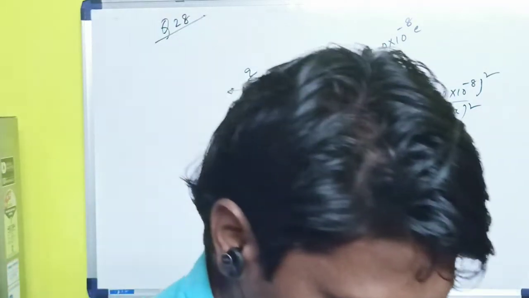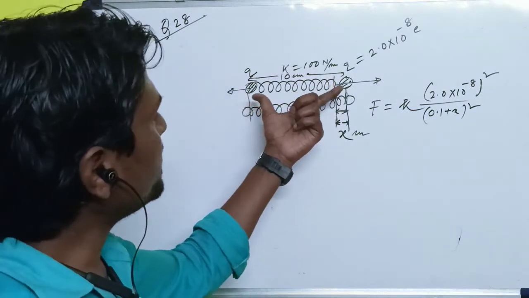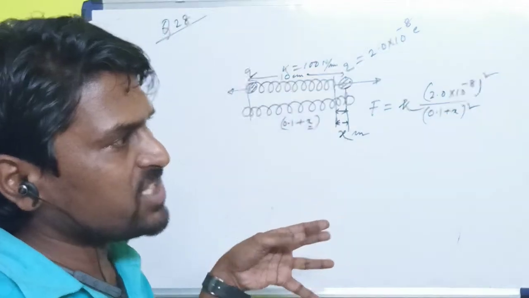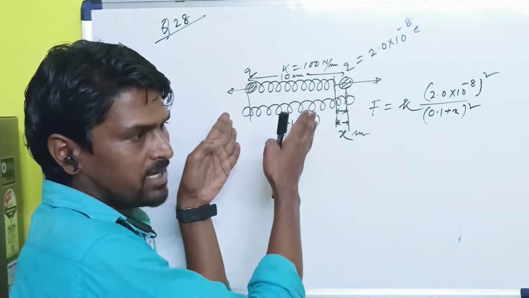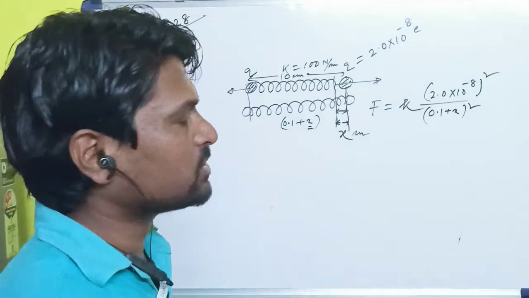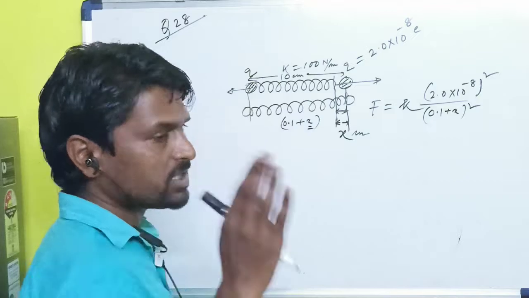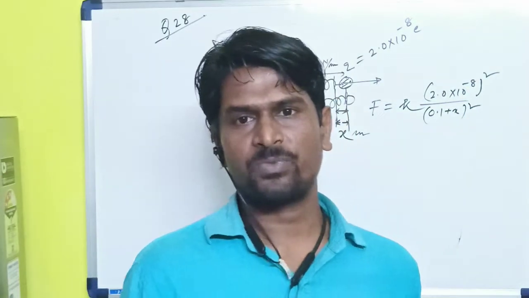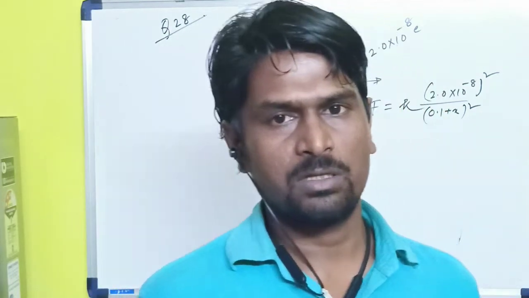Yes, let's come to the point. When these charged particles repel each other, the expansion takes place, and this expansion is given to be very small. If we take the higher power terms in x, then they are negligible.